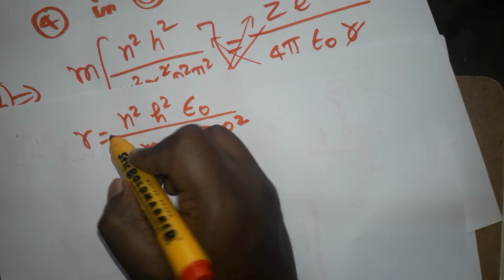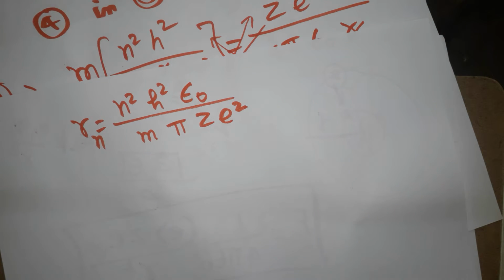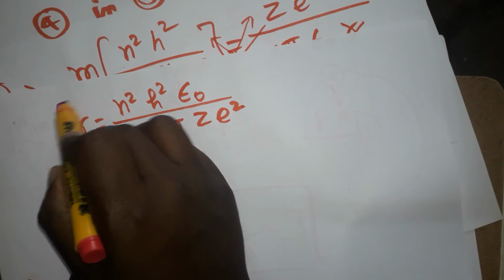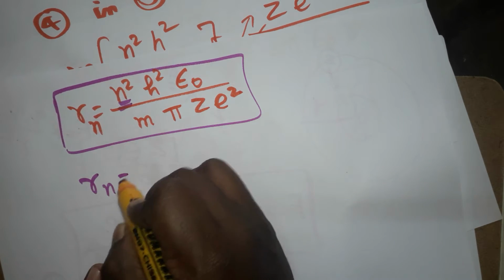Now n is the orbit number. This is the radius of the nth orbit. So Rn, n is the orbit number.